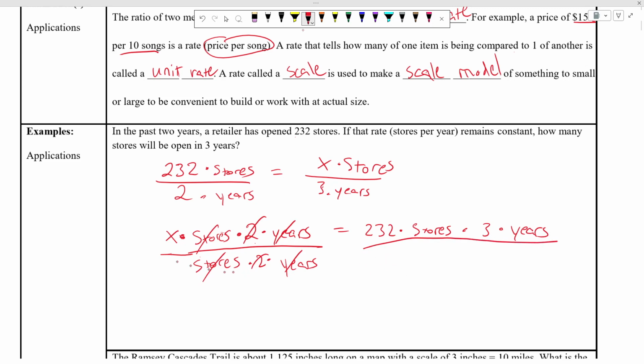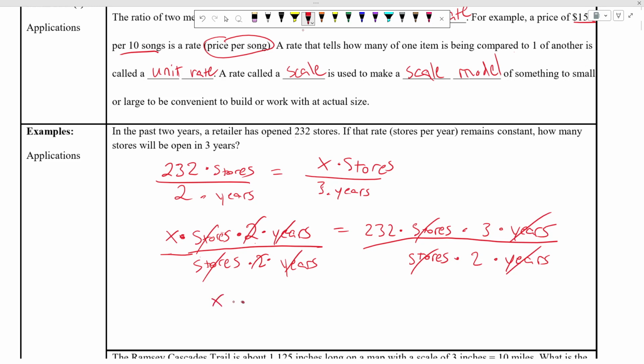If I inverse that off this side, I got to do the same to both sides here. So I would have a concept here of stores times 2 times years. These would cancel, right? And now I'm just left with numbers here.